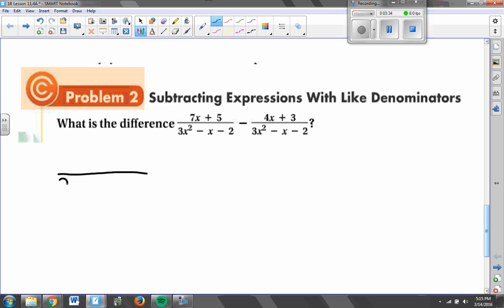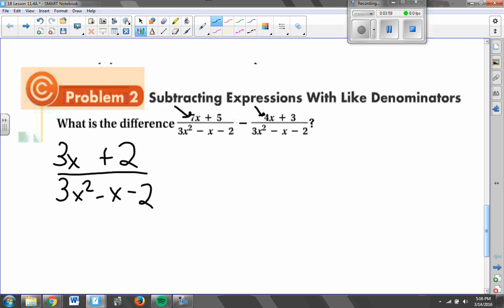They are 3x squared minus x minus 2. And when I subtract these two expressions, I'm just going to subtract 7x and 4x, and I will be left with 3x. And I'm going to subtract 5 and 3 and be left with positive 2. So this is my answer, 3x plus 2 over 3x squared minus x minus 2.